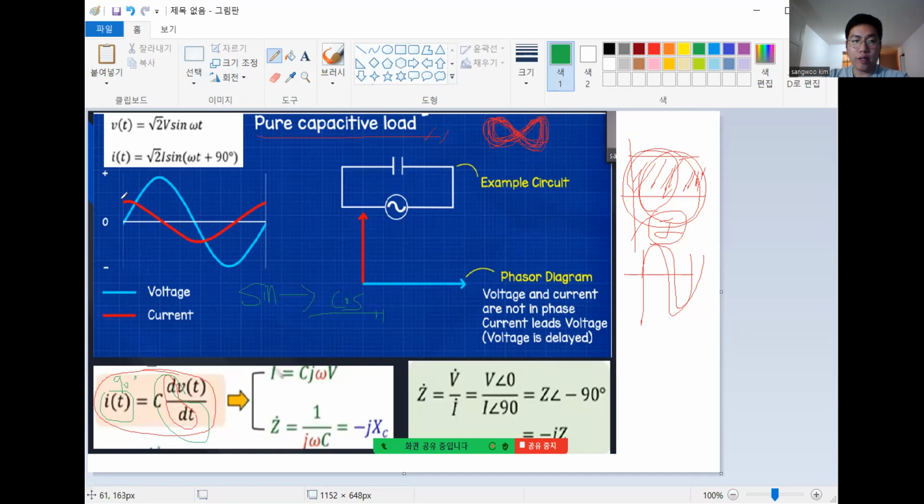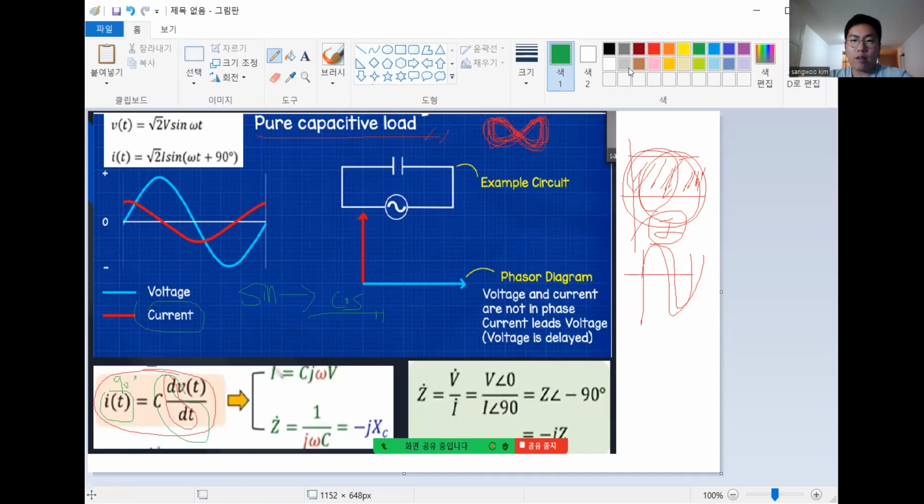Current is here, and voltage is here. So the current is leading by 90 degrees, right? But in the inductor, the current is lagging 90 degrees, the voltage is 90 degrees ahead. Not faster, lead, you know what I mean?